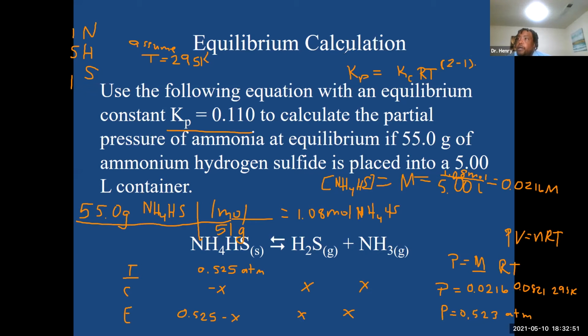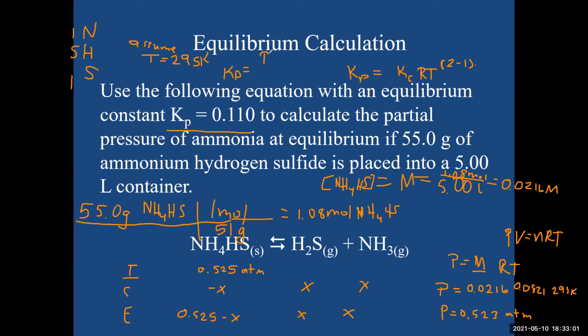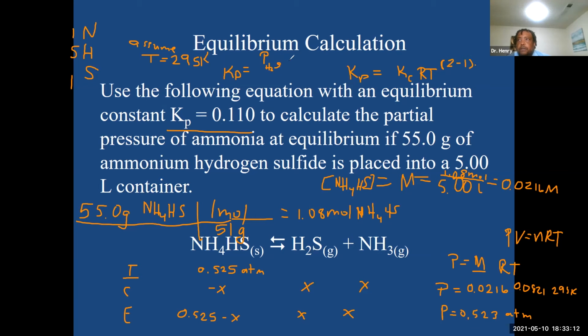So then if we do our KP equation, KP is going to equal the products divided by the reactants. That's right, the partial pressure of the products times the partial pressure of ammonia divided by the partial pressure of the reactants.